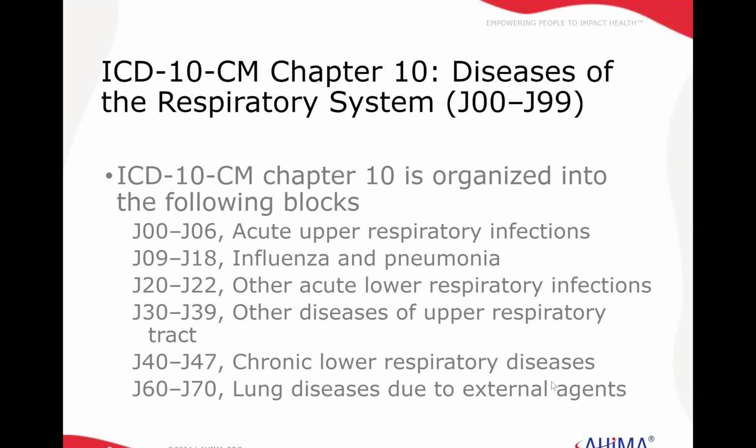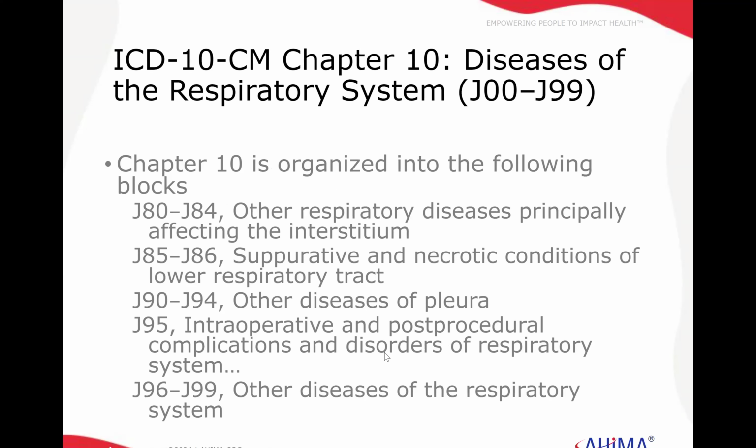J00 through J06 are the upper respiratory infections, and then J09 through J18, influenza and pneumonia. And then working our way down the respiratory tree, we get into the lower respiratory, the other upper respiratory, and then chronic, and then J60 through J70, diseases of the lungs due to external agents.